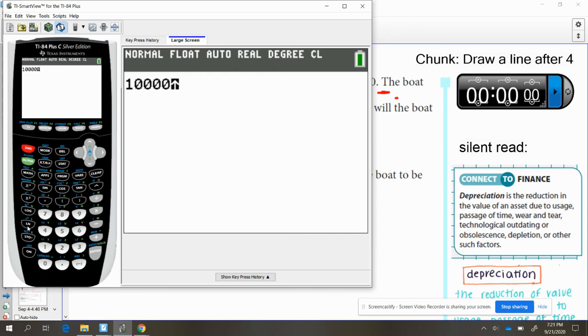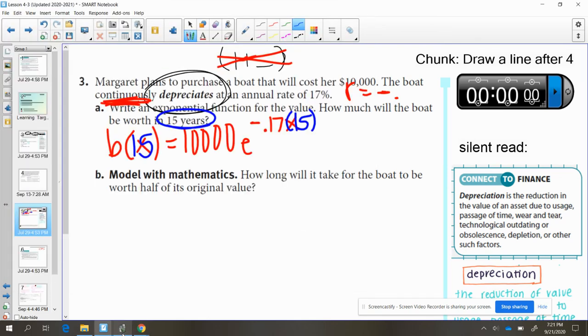Again, the second division sign, but second ln is going to bring us straight to the exponent, negative 0.17 times 15. And we get about $780.82. They always say boats are the worst investment you can kind of have, but you can see why with such a big depreciation rate on that.